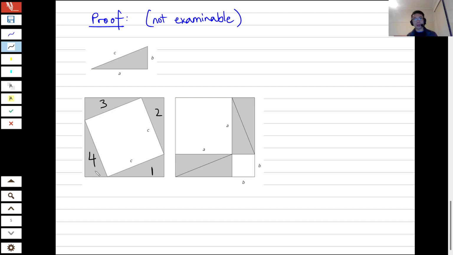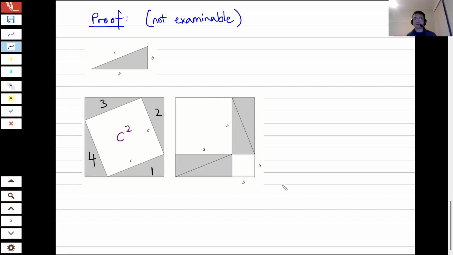And notice what happens if I arrange them in this shape. I get a square in the middle. And the length of the square is the length of the hypotenuse in the triangle, C. And so the area of this white square on the left is C squared.